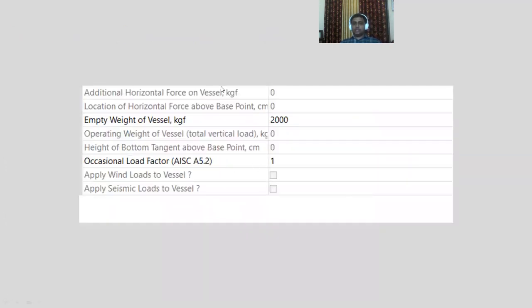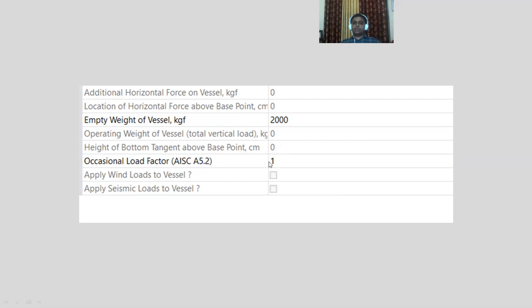Here in the previous image we have seen the occasional load factor. People often get confused with this. This is not the load factor by which your loads are going to be increased. This is the factor by which your allowable stresses are going to be increased. So never use a value more than 1, because if, let's say, I'm using 2, then the software is going to increase the allowable stress by 2 times. This is the occasional load factor as per AISC.